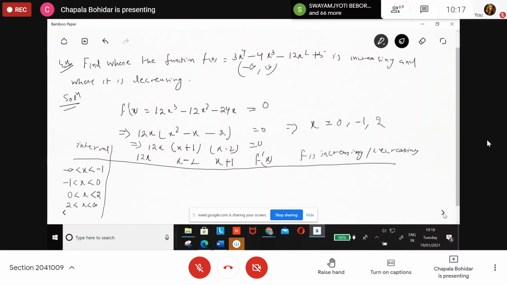Now, on this interval, first I am checking the interval minus infinity to minus 1. Is this value negative or positive?